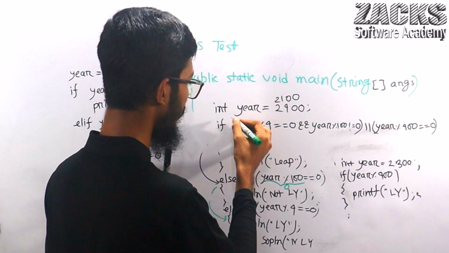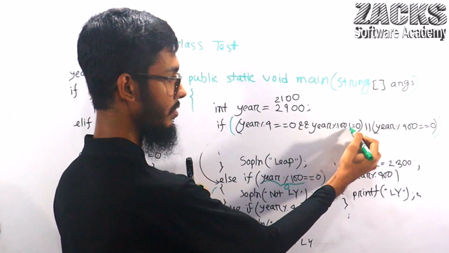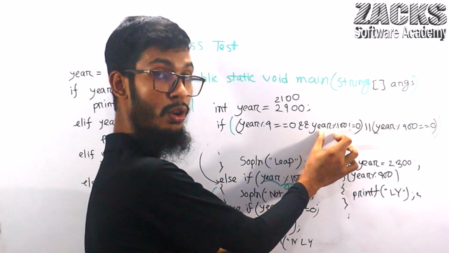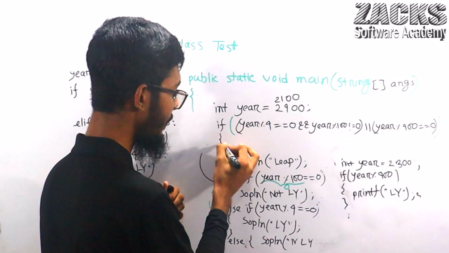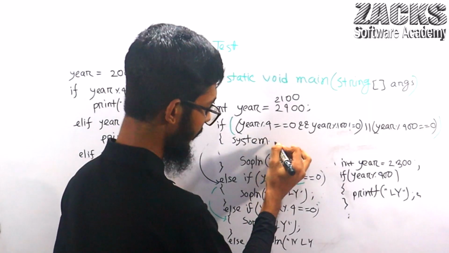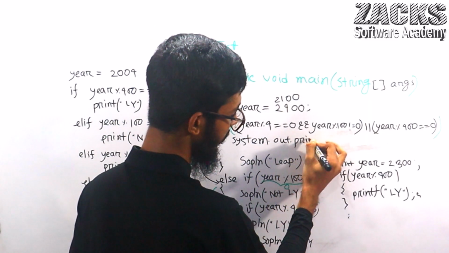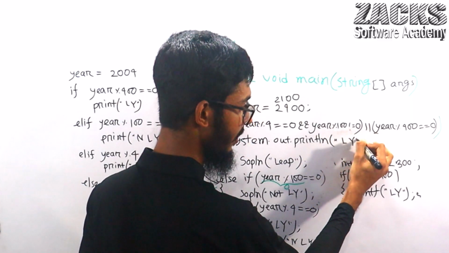So here this is the condition, right? Let me use this color. Here don't make this mistake. Don't neglect this not operator here. It should be not divisible by 100, right? So then we can say what? Leap year now. System.out.println, year is leap year. L for leap, Y for year.